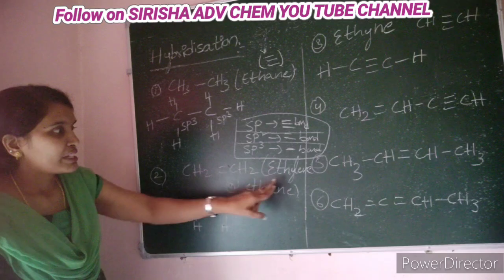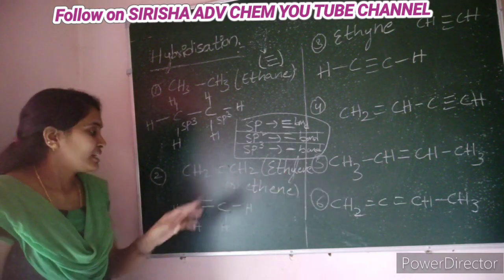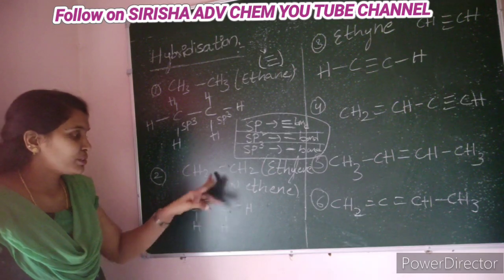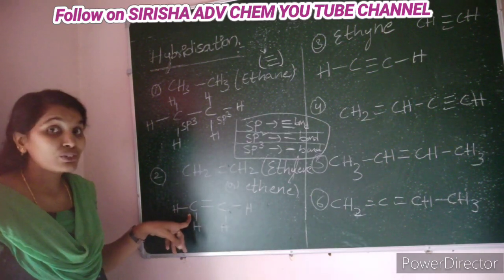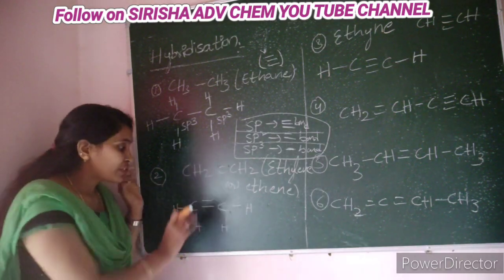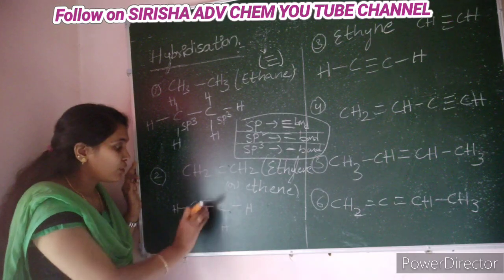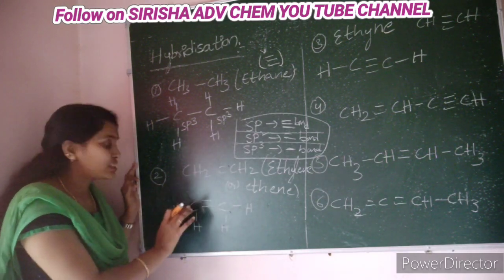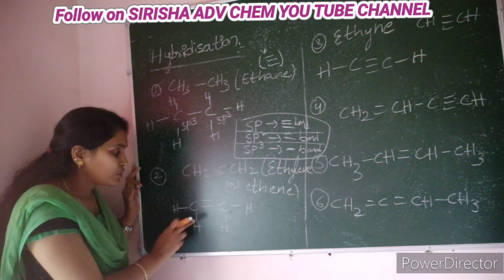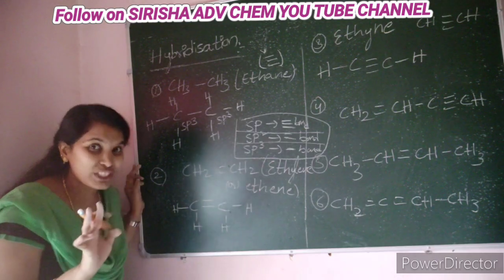Next example, we are seeing ethylene. Understood, children? By seeing this compound, if you write the structure like this, we have to see for which carbon we are finding the hybridization. For that we have to look around that carbon. Suppose this carbon has only single bonds, I can write sp3 hybridization here.